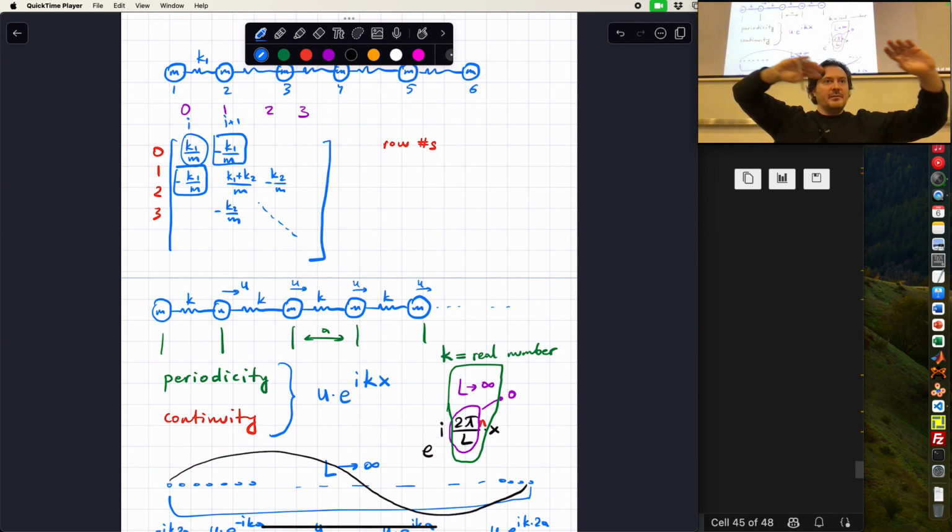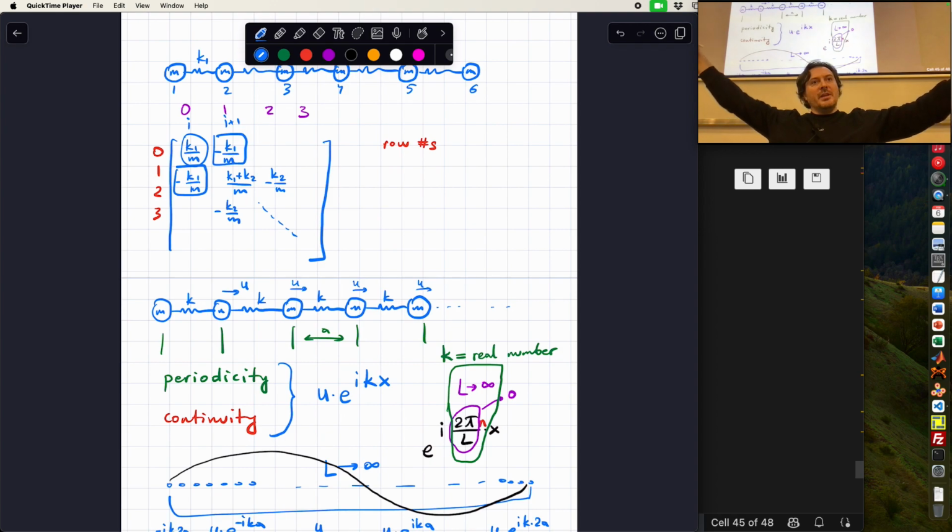You can have as long a wavelength as you want. That's no problem because you are in the continuous regime, right? But as you get shorter and shorter, that wavelength, you hit a point where you start seeing the periodicity. And going beyond that is pointless because you will start repeating yourself. Good?